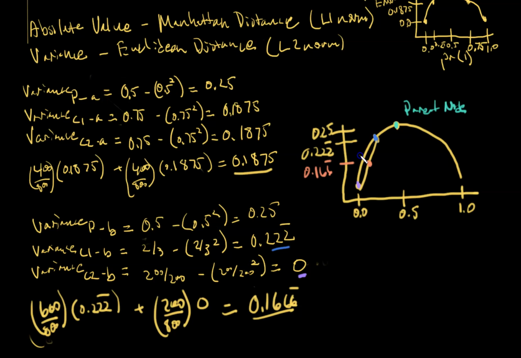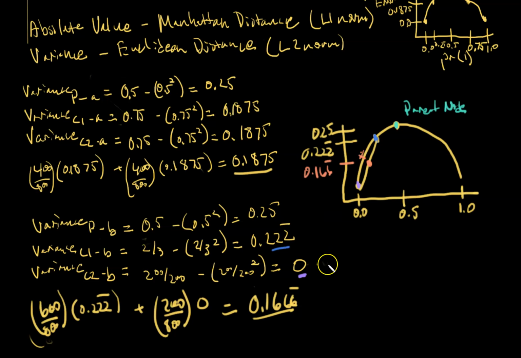Notice that this point right here is smaller than the corresponding point on the curve. This relationship between this line right here and this curve right here is called Jensen's inequality.